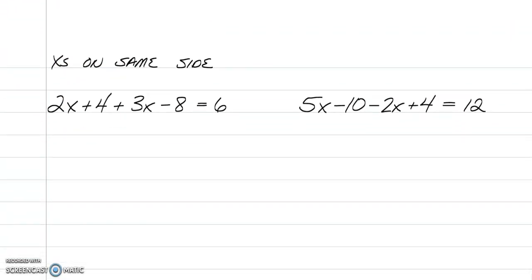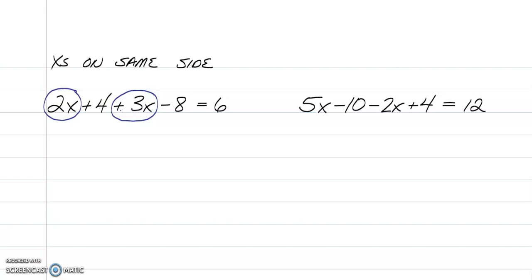Okay, now this section we are doing x's on the same side. So if you have more than one x or more than one number on the same side, what do you do first? This is kicking it to Algebra 1, combining like terms. So you have 2x here, and you have a positive 3x there.